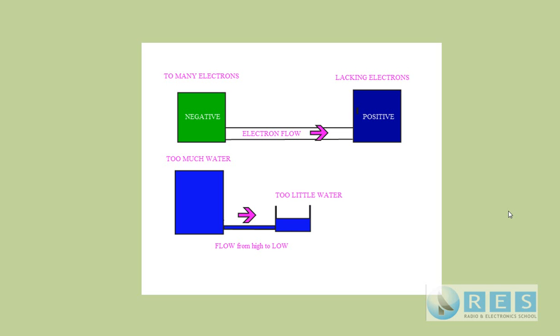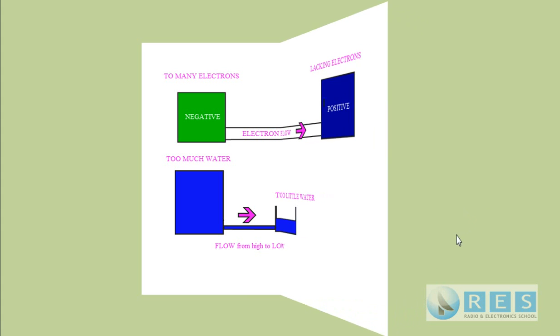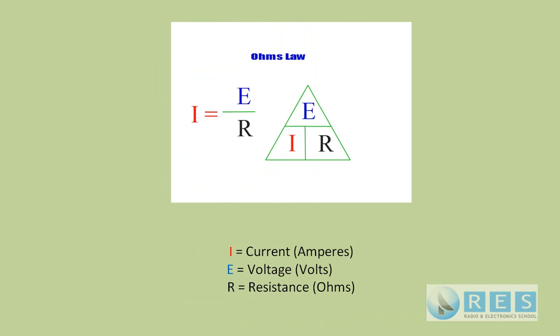Okay, it's time we talked about current and voltage and resistance a little bit deeper. A chap by the name of Georg Simon Ohm worked out the relationship between current, voltage and resistance in an electrical circuit, and he came up with this equation. We're not going to discuss Ohm's law in detail, we're just going to be discussing the Ohm's law equation.